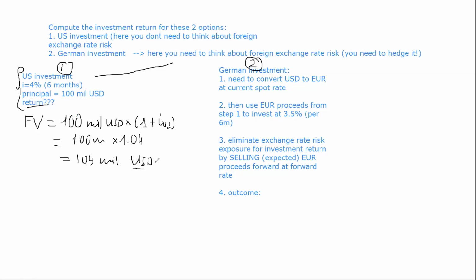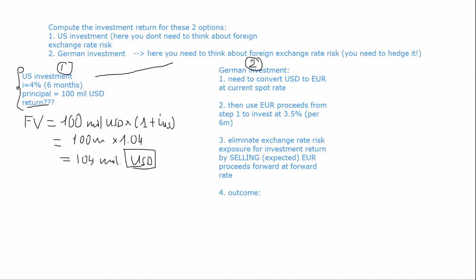Okay, I'm just going to highlight the currency here so we know we're talking about the domestic currency. So in the first option, we do not need to worry about exchange rate exposure because we're dealing in the home currency.